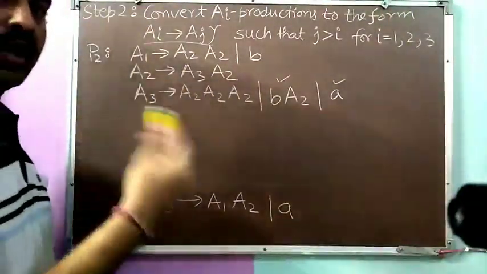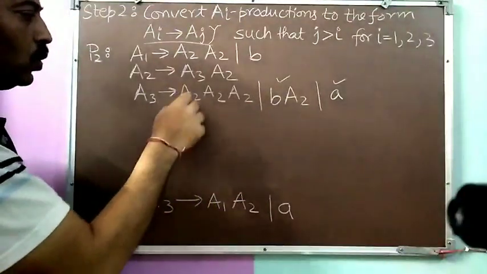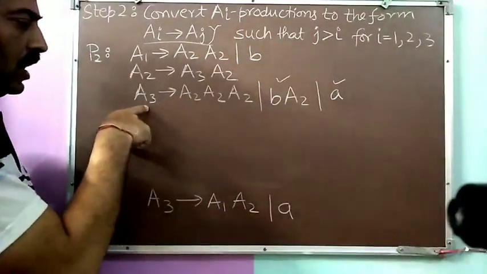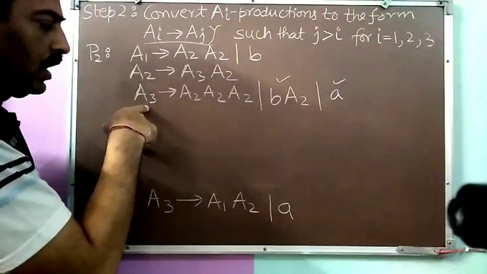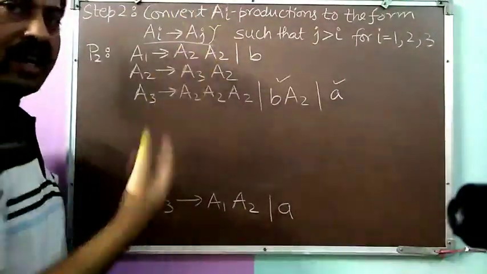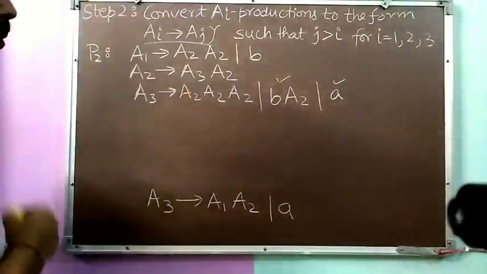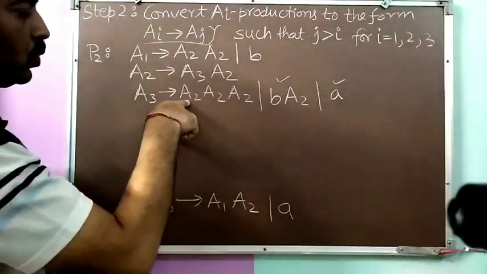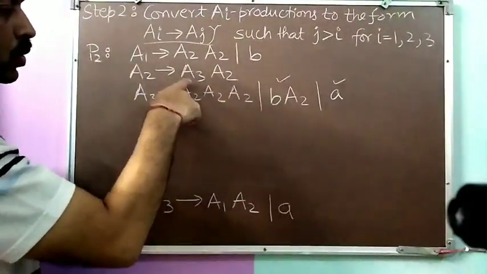We will keep on doing this process until we do not have a variable here whose index is either equal to or higher than the index of the left hand side. So again apply lemma 2. In lemma 2 we will use the value of A2 to replace this A2.